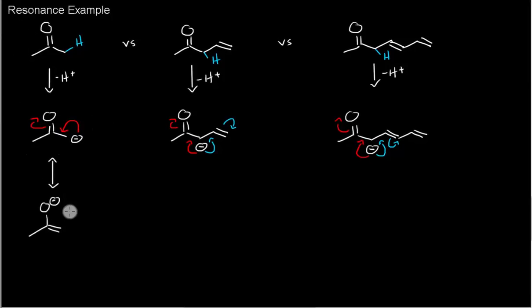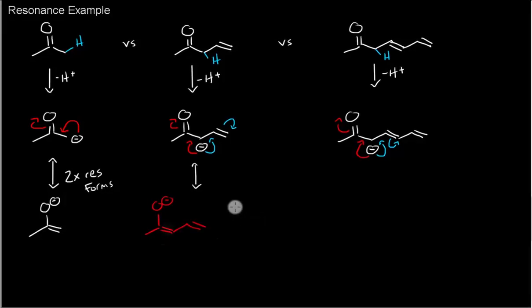Okay, so for the molecule on the left, this would be the only other resonance form that we can draw. So at the end of the day, we have a total of two resonance forms. For the middle molecule, we have to take into account two different ways we can draw resonance forms. So this would be the red possibility, and this would be the blue possibility.